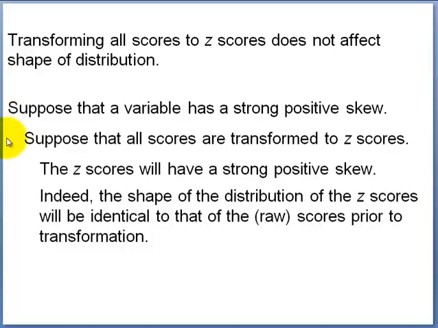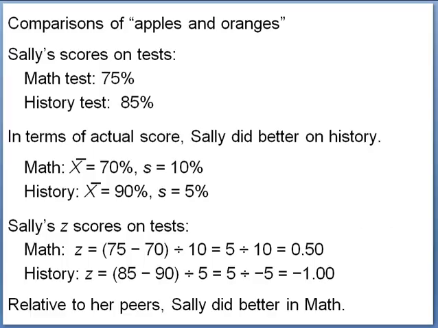Suppose then that all scores are transformed to z-scores. The z-scores will have a strong positive skew, just as did the initial raw scores. Indeed, the shape of the distribution of the z-scores will be identical to that of the raw scores, that is, to the shape of the scores prior to transformation. Well, let's find out some things that z-scores can do.